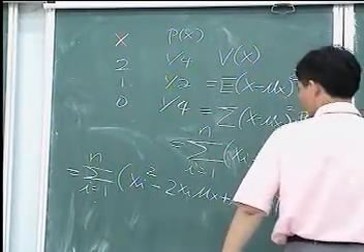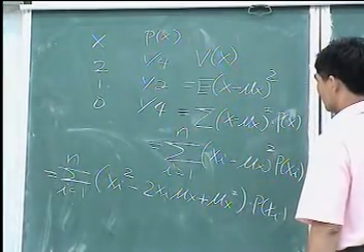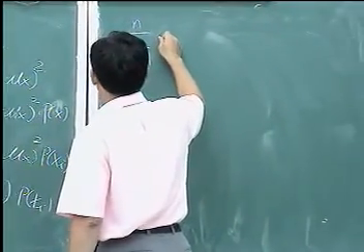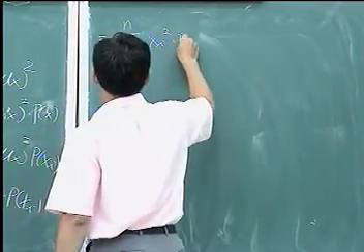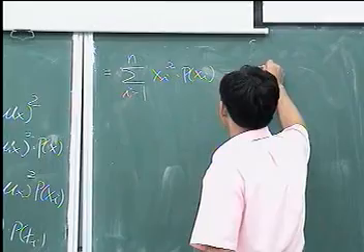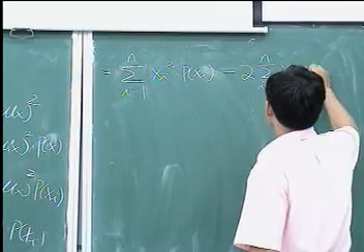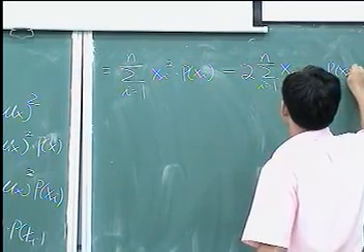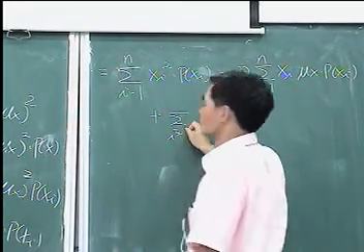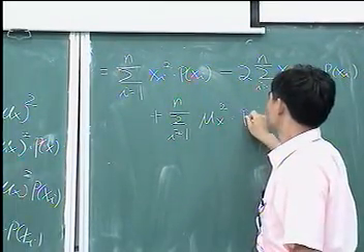That will be equal to the summation from i equal to 1 to n of xi squared times p(xi), minus 2 times the summation from i equal to 1 to n of xi mu x times p(xi), and then plus the summation from i equal to 1 to n of mu x squared times p(xi).